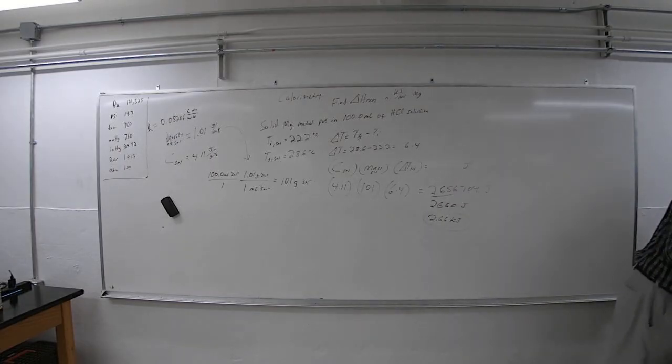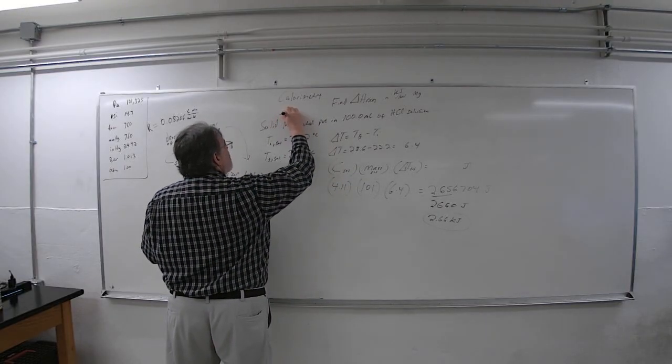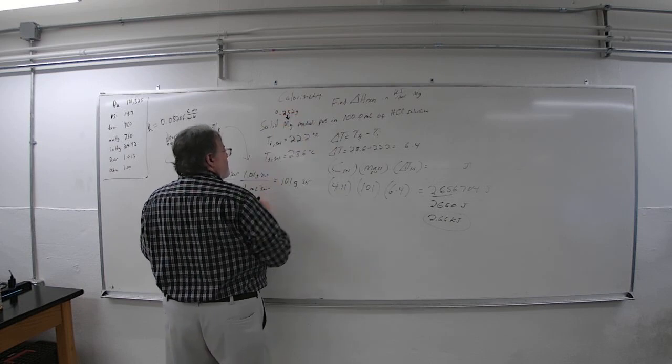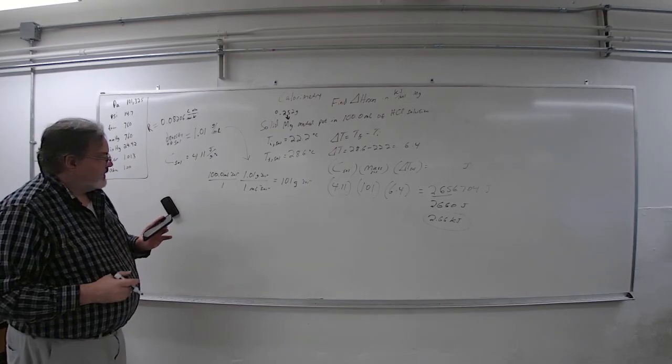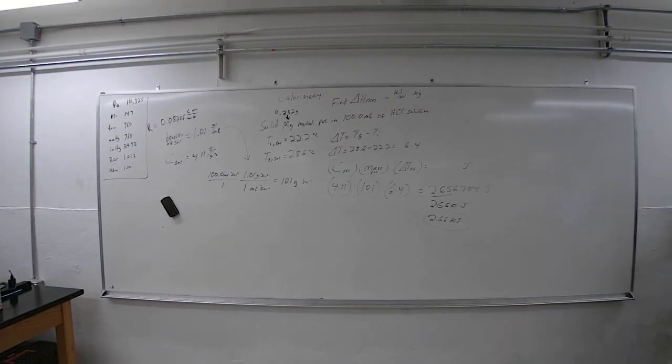I left one thing out. 0.252 grams. We have that many grams of the Mg. So we just need to find out how many moles that is and then divide. Mg, 24.31.